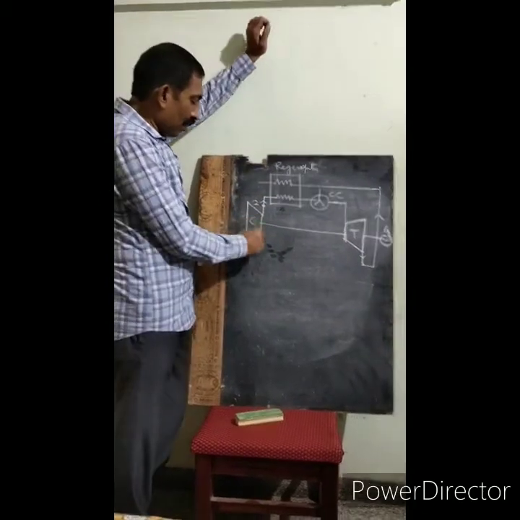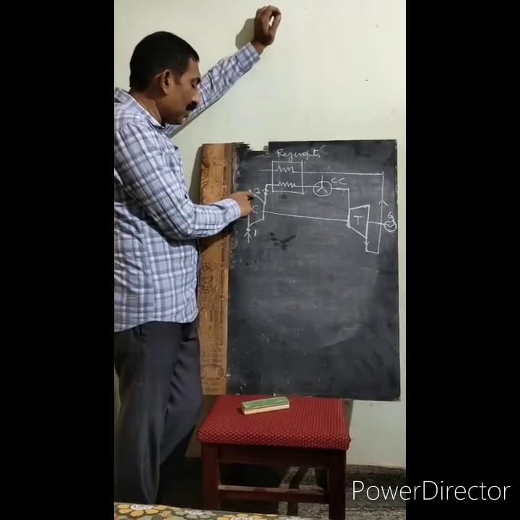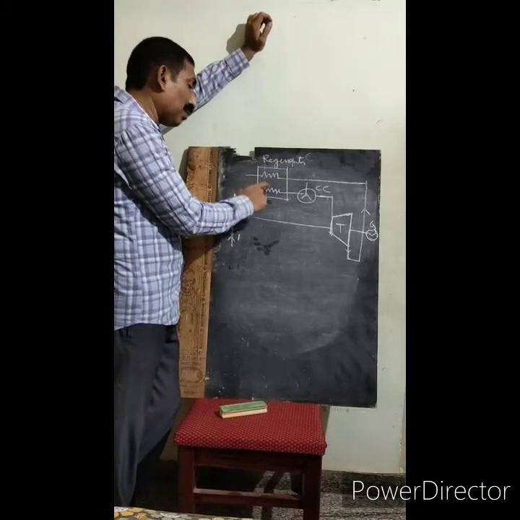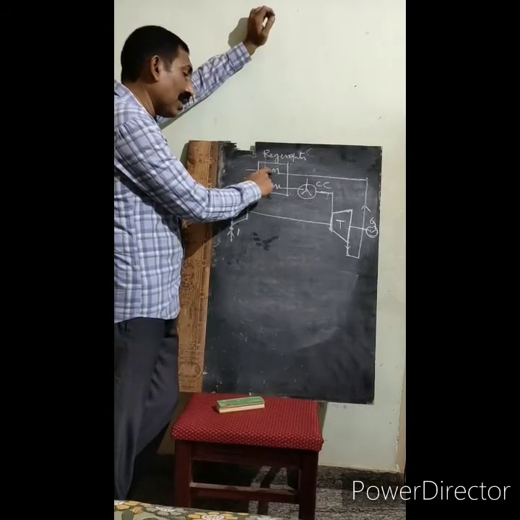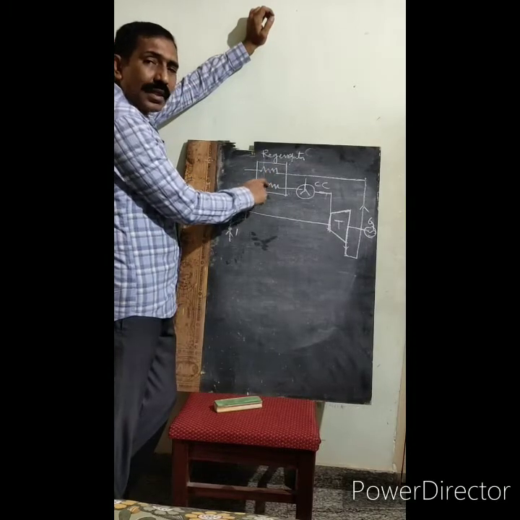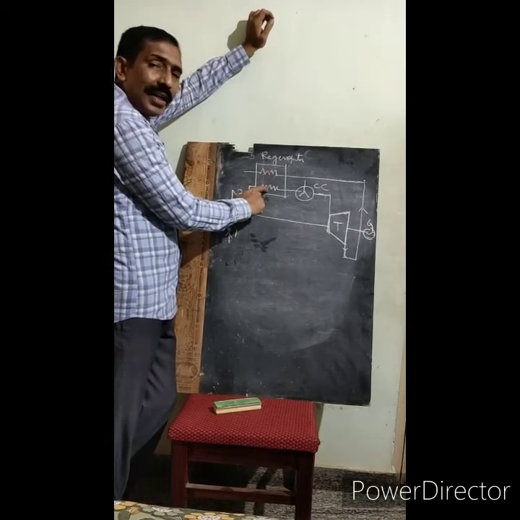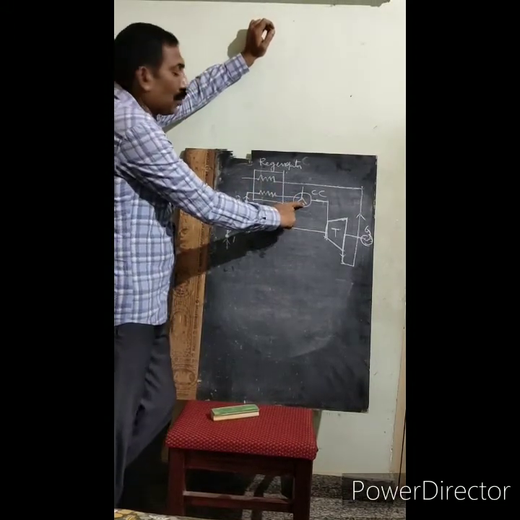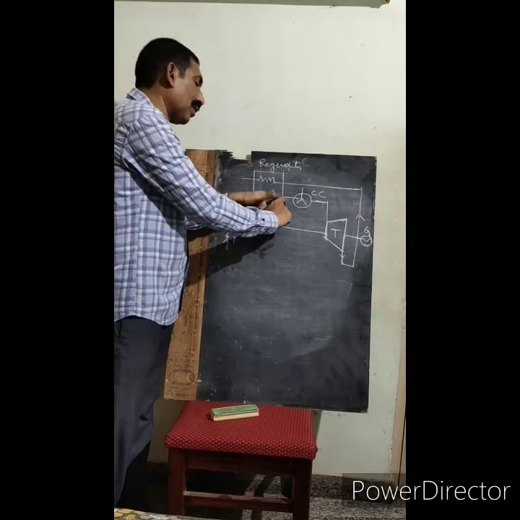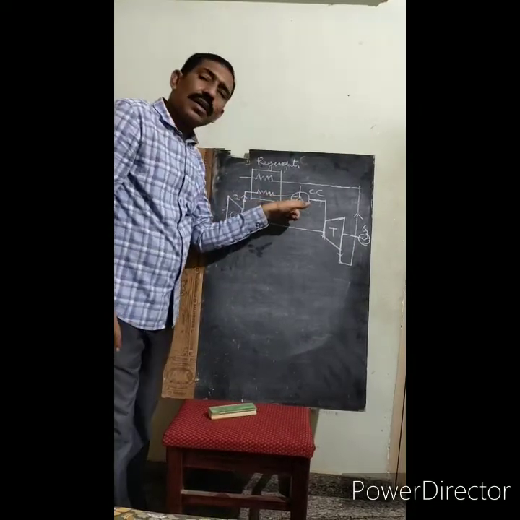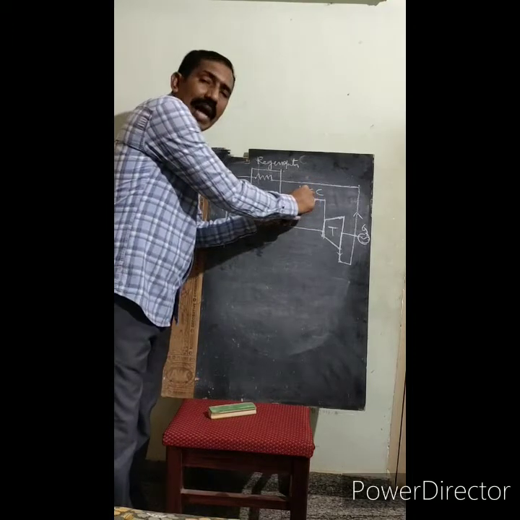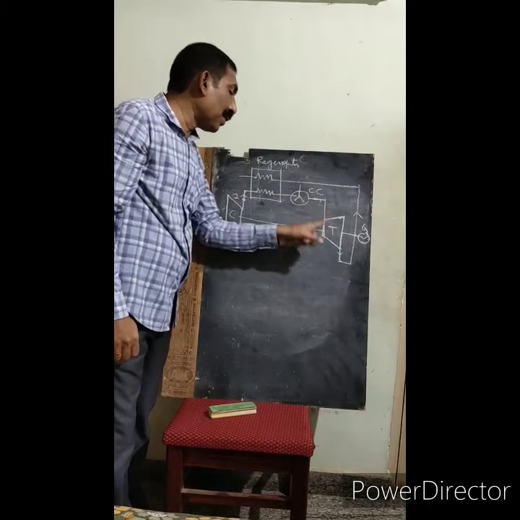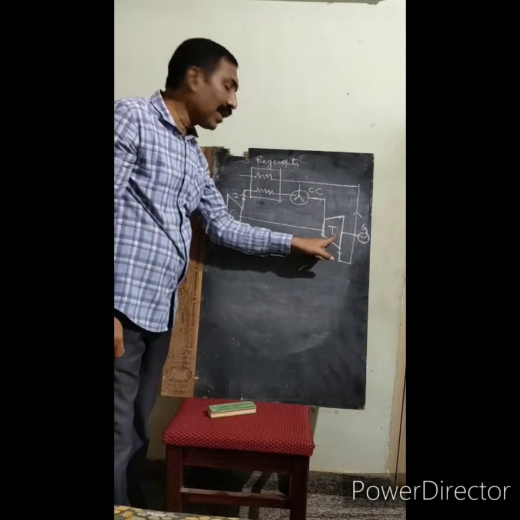In this case, the compressor compresses the air from low pressure to high pressure, and at high pressure the air goes to the regenerator. It absorbs the heat from the exhaust gases, so that the air temperature is increased before entering the combustion chamber. After that, at high temperature, the air goes to the combustion chamber where the fuel is added, so that its temperature increases again. At high temperature and high pressure, the gases expand in the turbine.